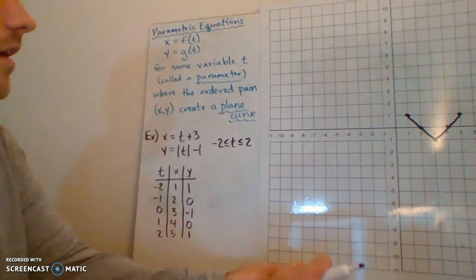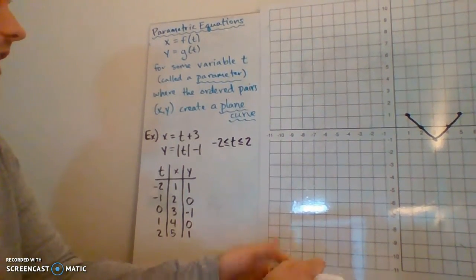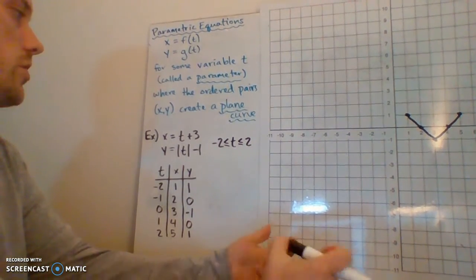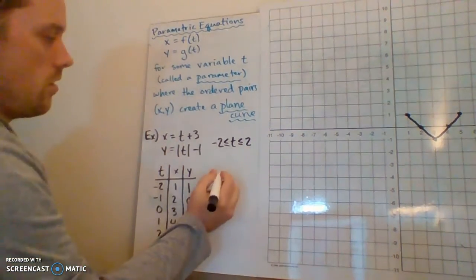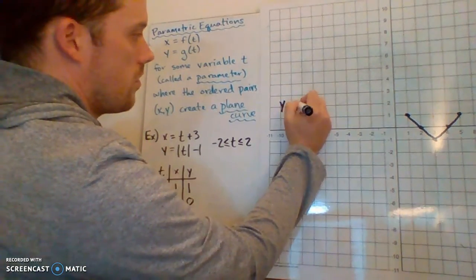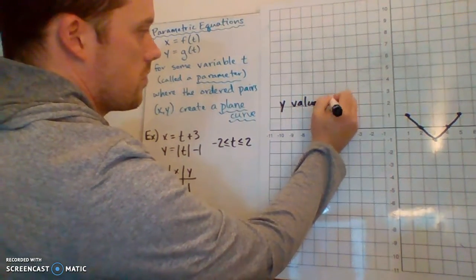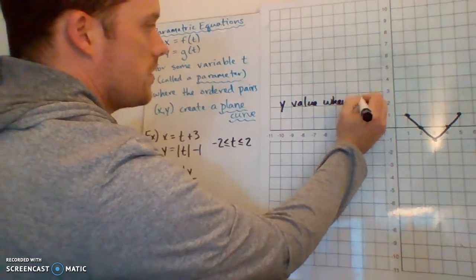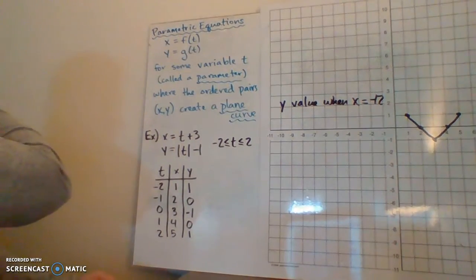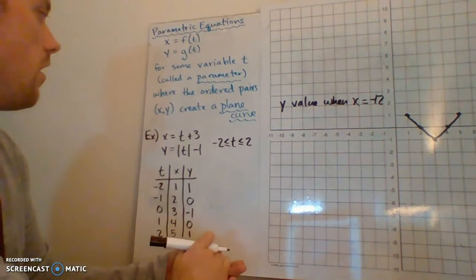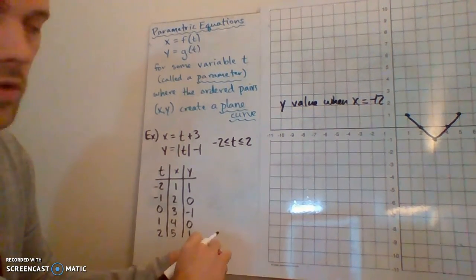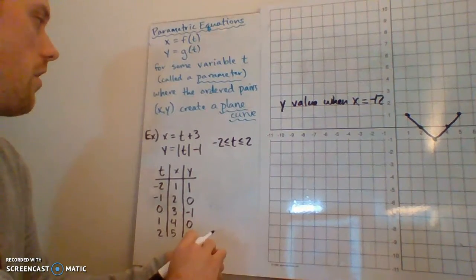Now let's say we're looking kind of outside this box, and we're asked, what is our y value when x equals -12. Well, it seems like it might be kind of tricky because we've now got 3 unknown variables in our equations.